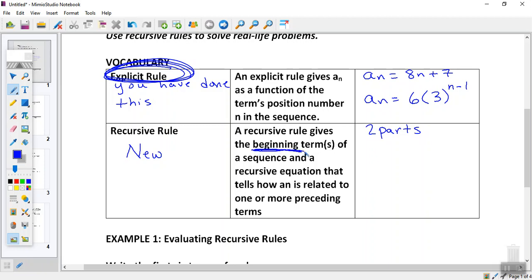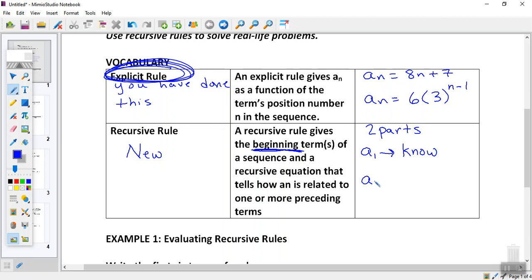Well, it's always going to give you what term you're starting with, kind of like the first term. So the beginning, it's always going to give you the first term. Typically you are going to know that. And then the second part is going to relate the following. And this is where it gets kind of goofy.